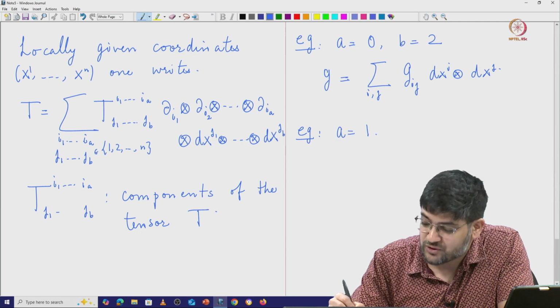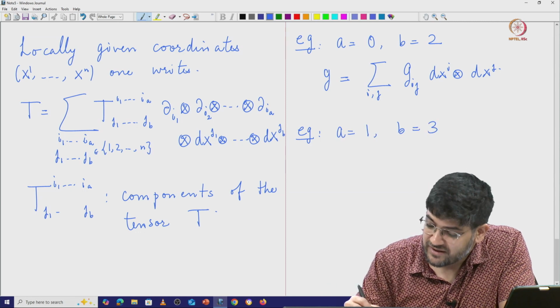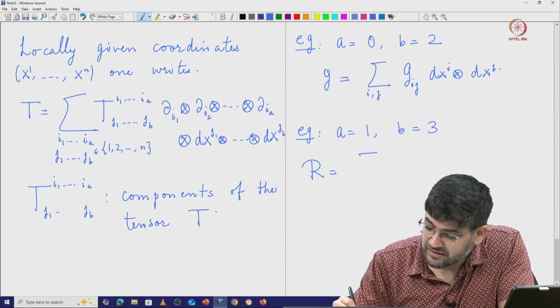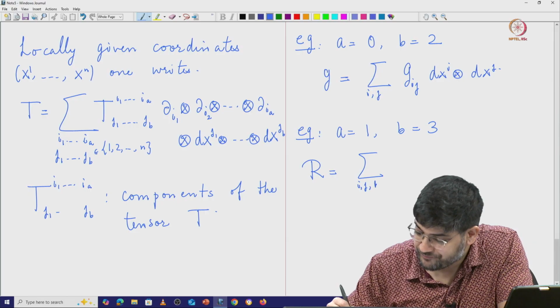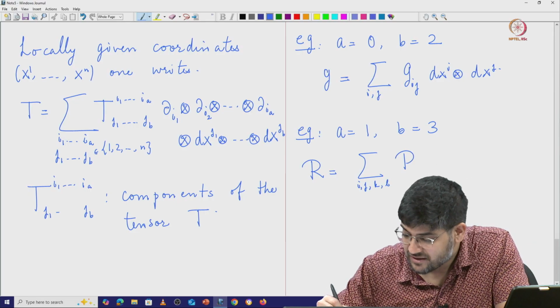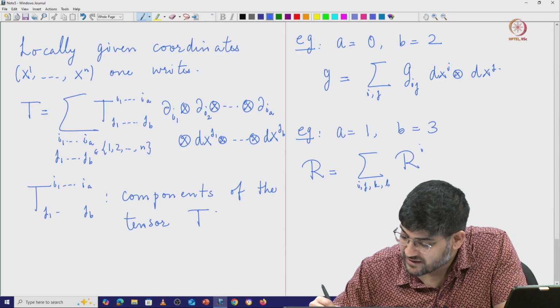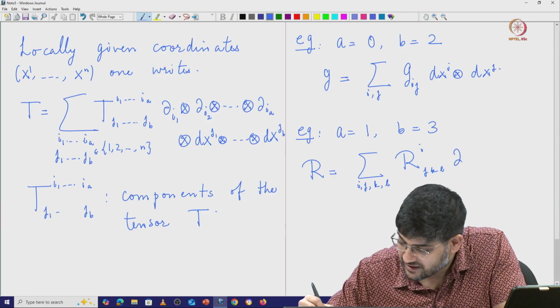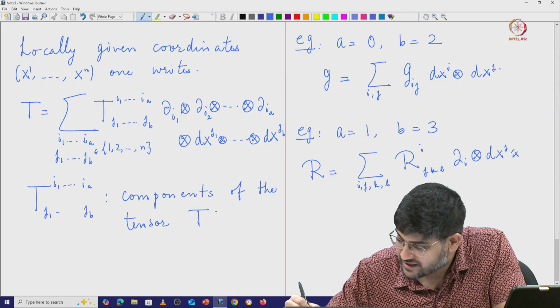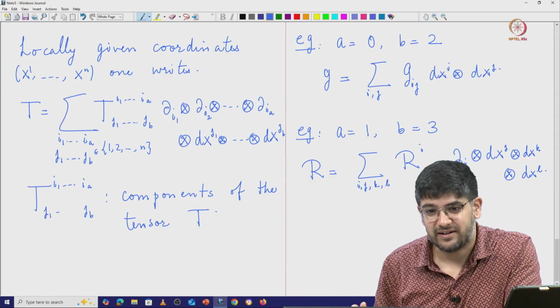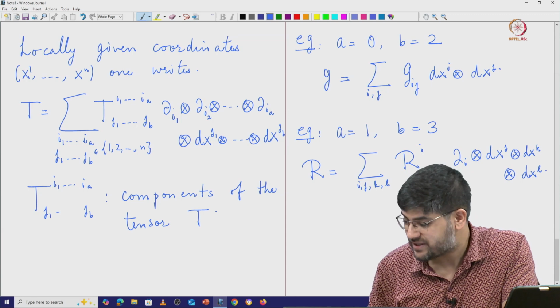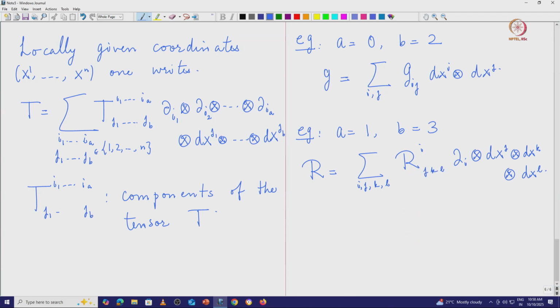So you take A is 1 and B is 3. Then the curvature tensor is of the form R^i_jkl del_i tensored with dx^j tensored with dx^k tensored with dx^l. This is the way we write tensors in local coordinates.